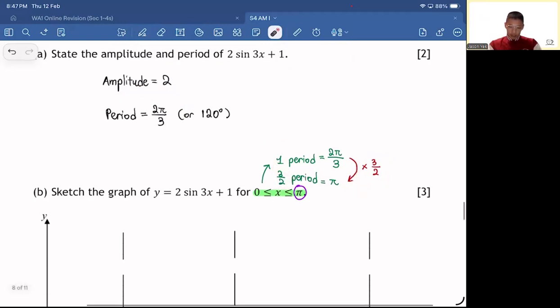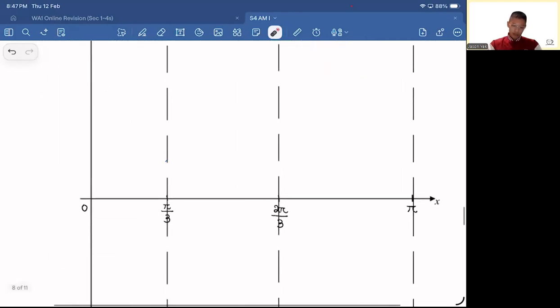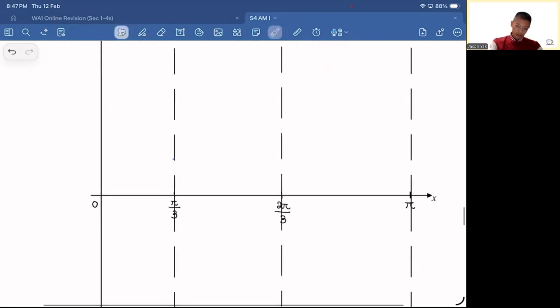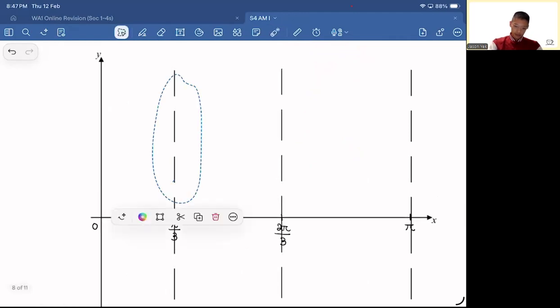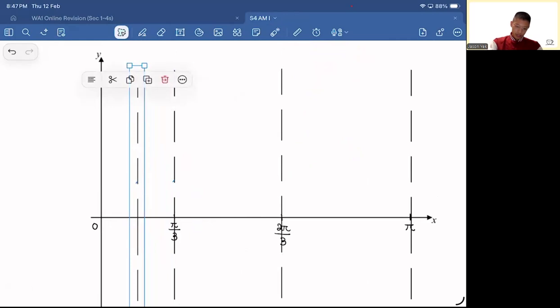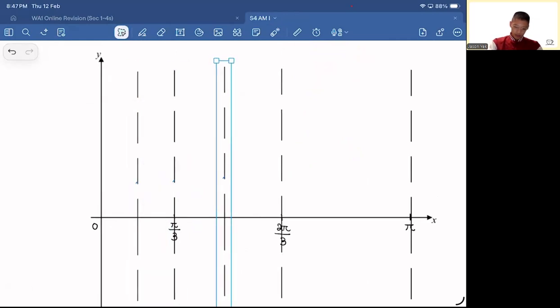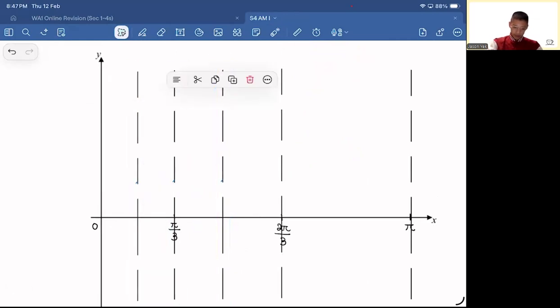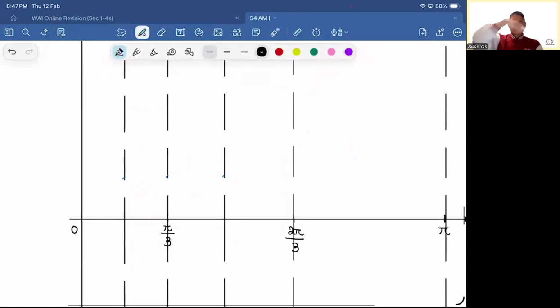From here, we know one cycle is up to 2/3. So another general note is to break down your curves into 2 here and into 2 here, because we know your curves are symmetric about these points.